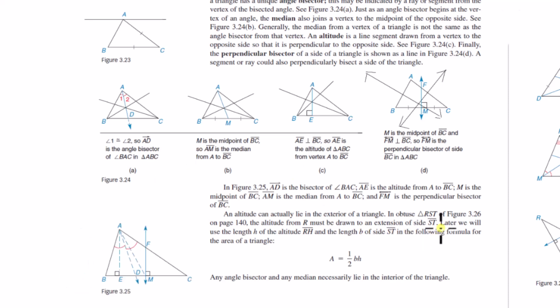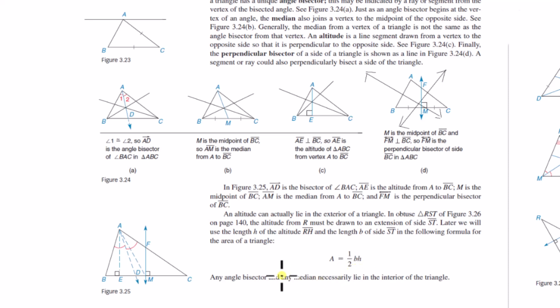Okay, now next it talks about how later we're going to learn how we can associate the altitude of a triangle with the area of that triangle by the formula that the area of a triangle is 1/2 times the base times the height.